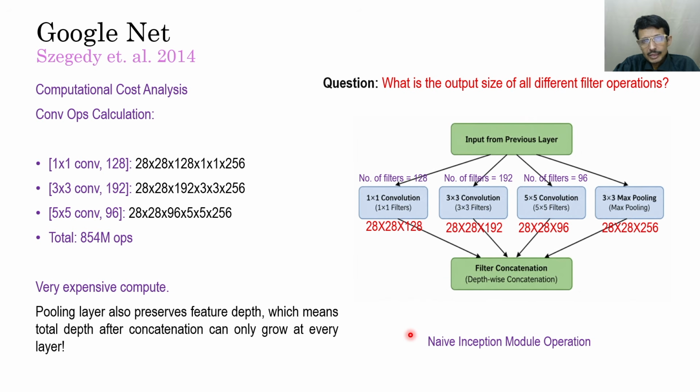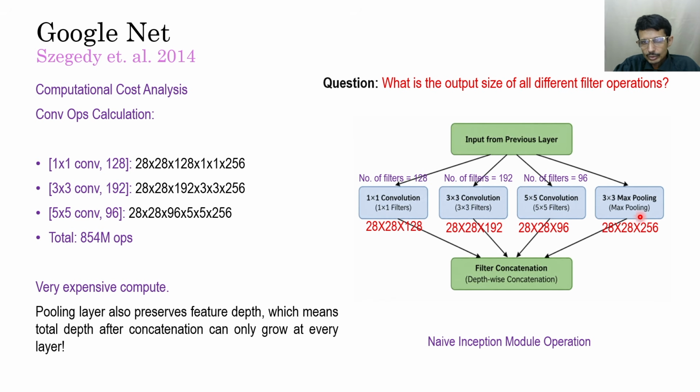Now the question comes, what is the problem? What is the output size of all the different branches? The 1 cross 1 convolution, since it has 128 filters, with a 28 cross 28 input gives 28 by 28 by 128. With 192 filters, the 3 cross 3 gives 28 by 28 by 192. With 96 filters, the 5 cross 5 gives 28 by 28 by 96.